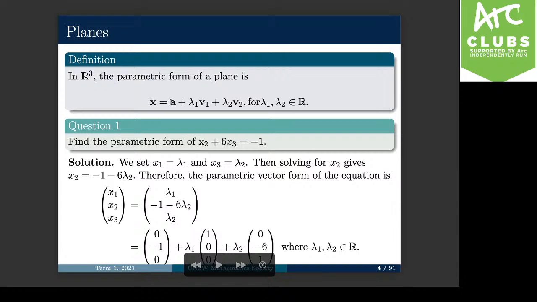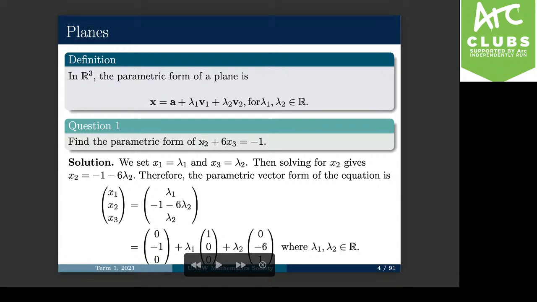So we'll start with a simple question. Find the parametric form of x2 plus 6x3 equals -1. This is one of the most simplistic questions, where we just need to convert the Cartesian equation of a plane to the parametric form of a plane. Even though x1 is not involved in the question, we still need to take x1 into account.